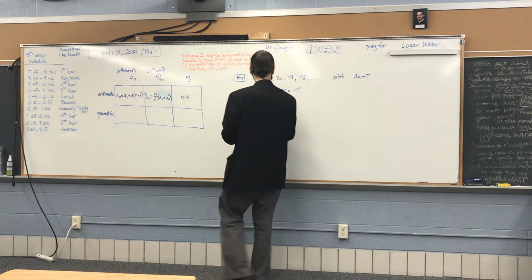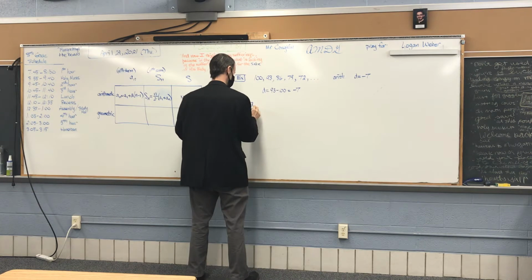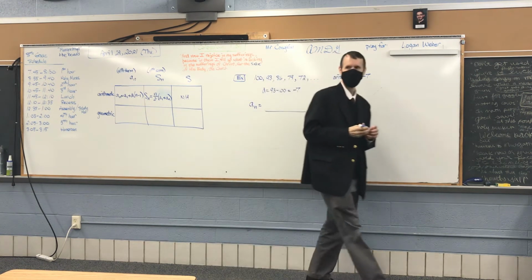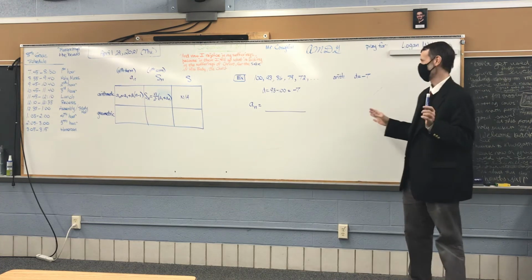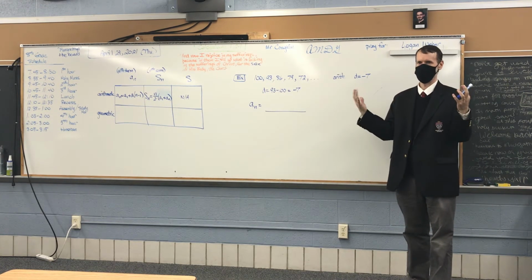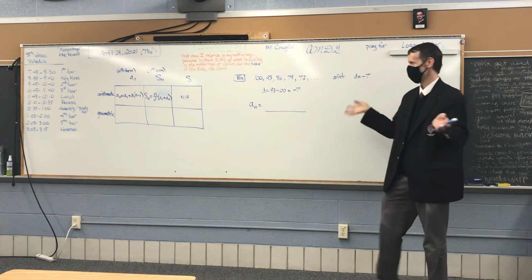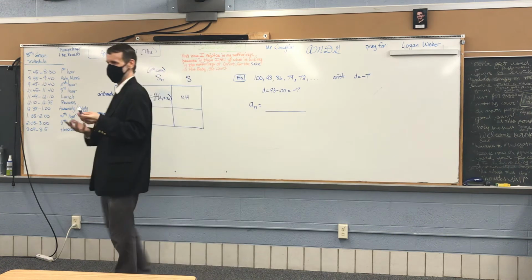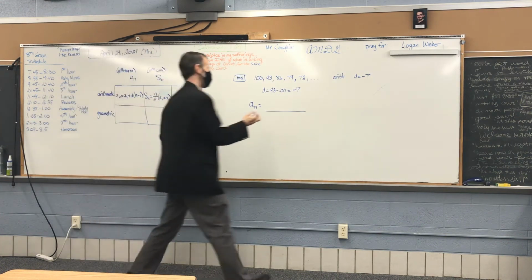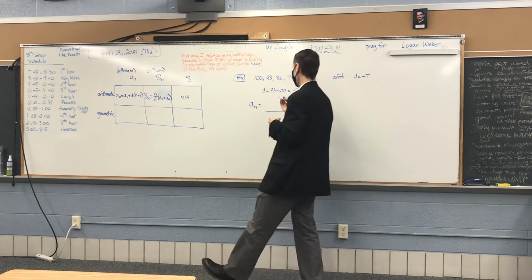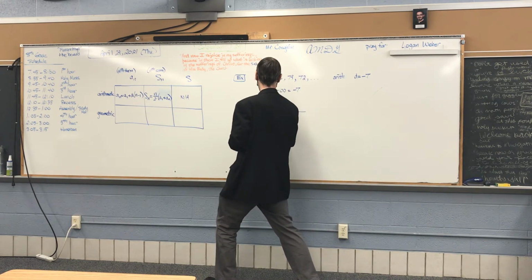Now, can somebody find me the formula for A sub n? Your final answer should have the letter n in it somewhere. It should be a formula, not a number. It should look like an algebraic equation with the letter n in it somewhere. Good. What is A sub 1 in this case? 100, excellent.